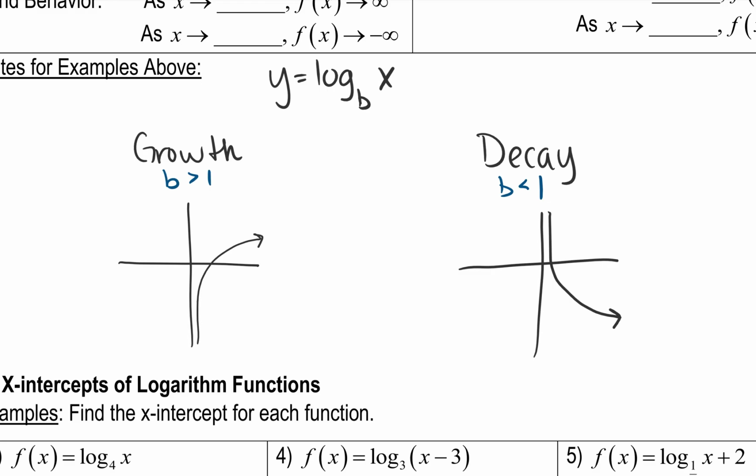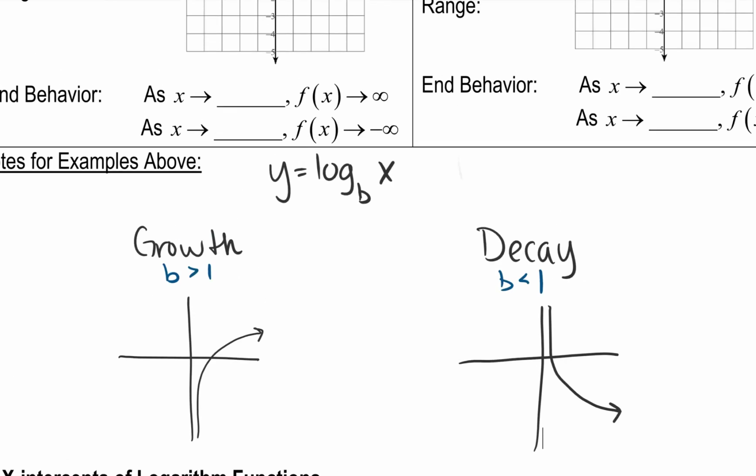So instead of going away from the x-axis, it goes away from the y-axis. Now the nice thing about logs is you can't have a positive and negative growth and decay. There's no such thing as negative because it cannot go to the left. So that's the basic graph, but on logs, it can only go right, it can never go left. So that kind of makes it a little easier.